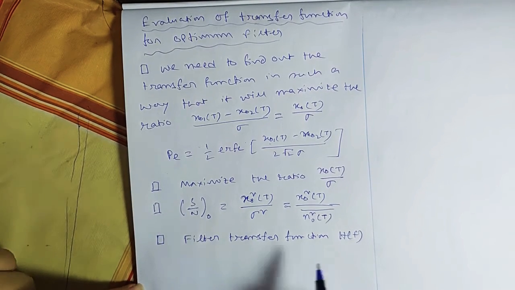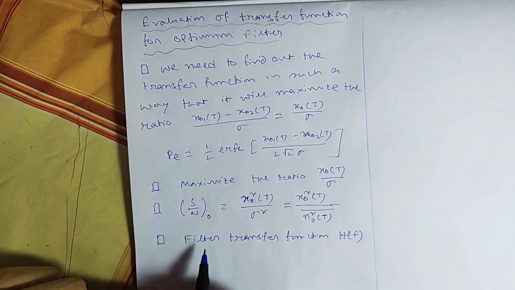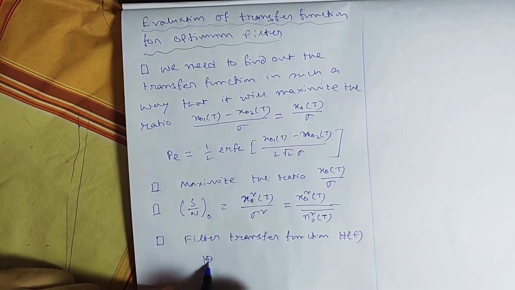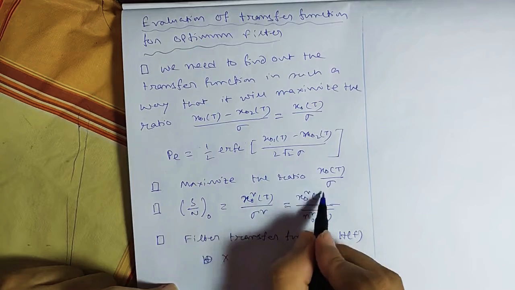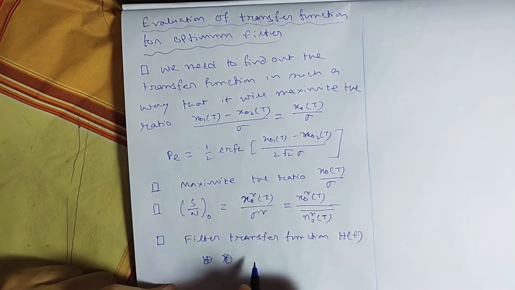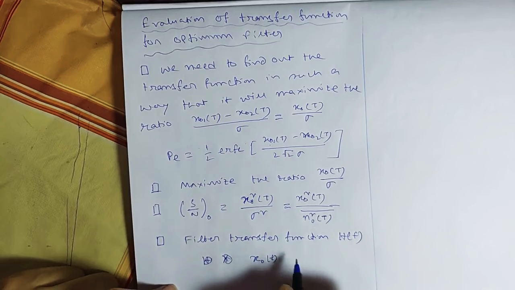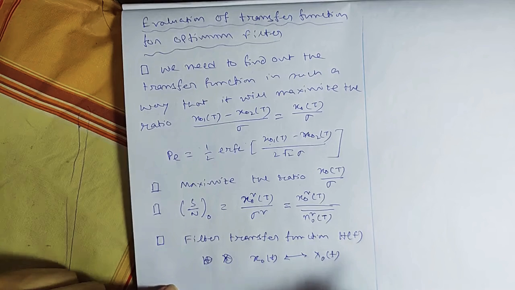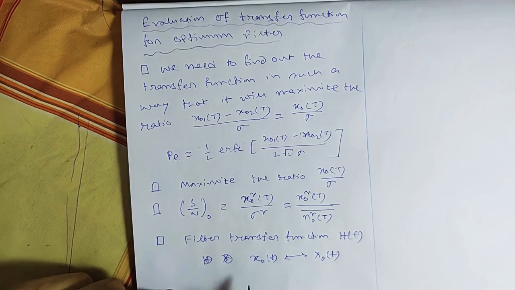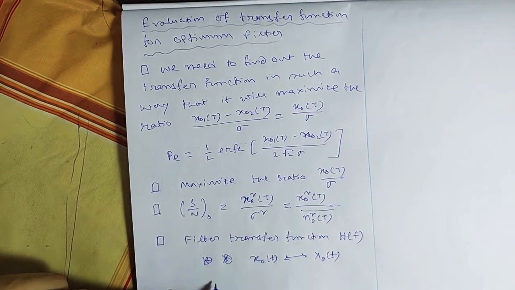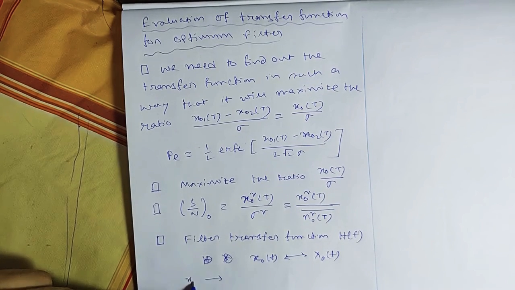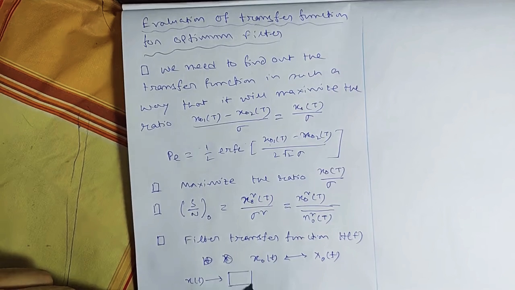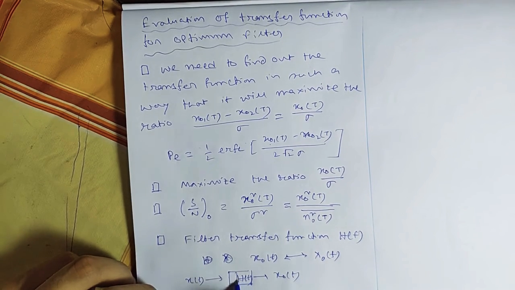So we can write that the Fourier transform of x0(t) in the Fourier domain is X0(f). We have some input x(t), some filter H(f), and the output may be x0(t), which is h(t) in the time domain.